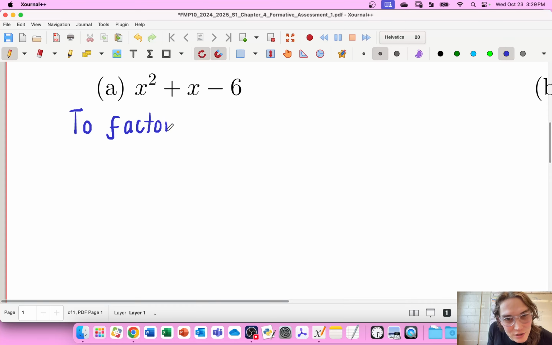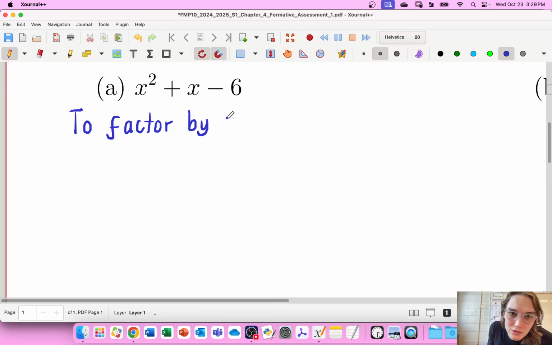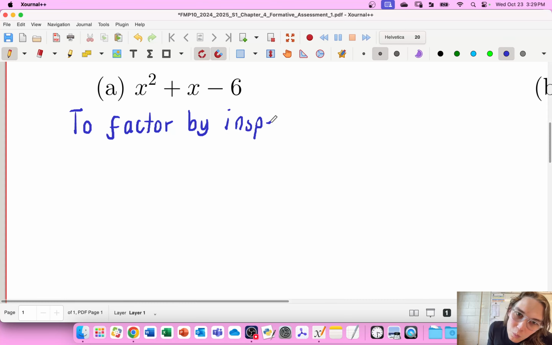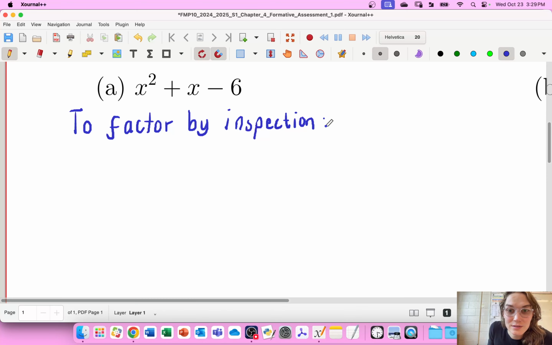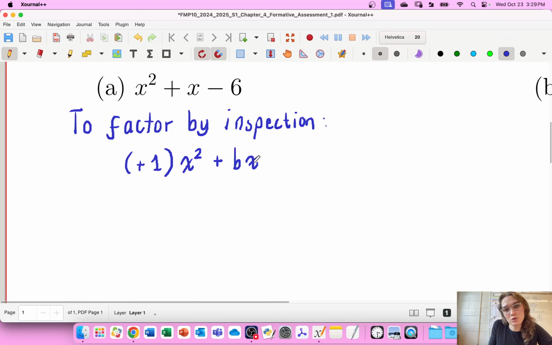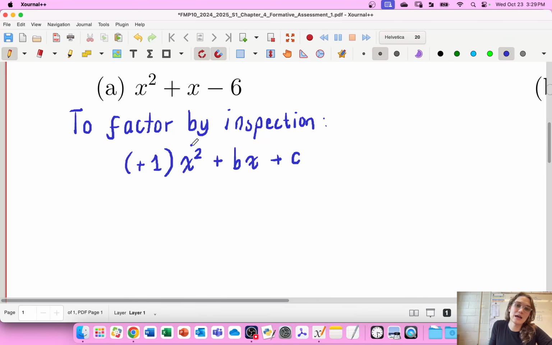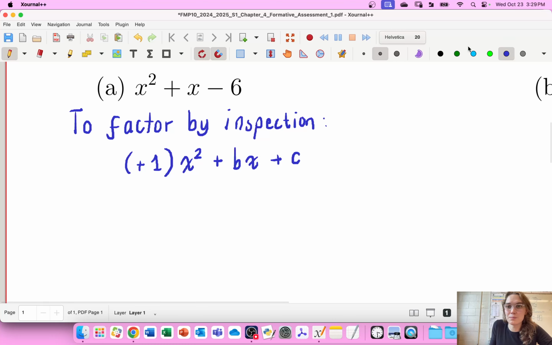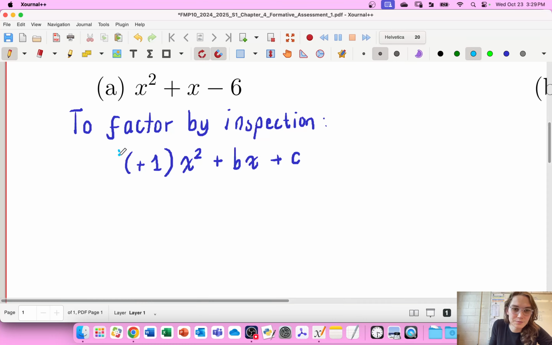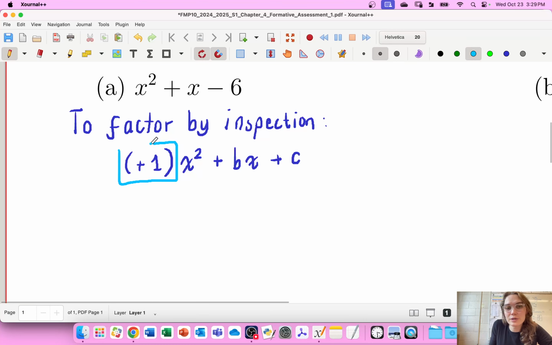To factor by inspection, I need a trinomial with the coefficient of the x squared term being a positive 1. That's already what I have.